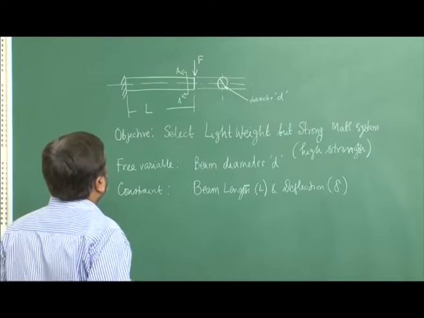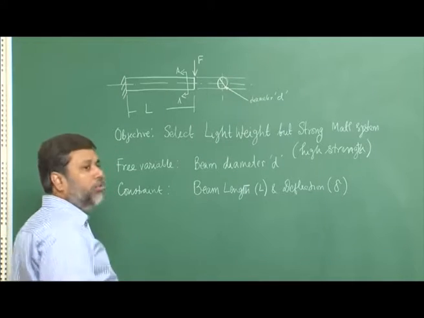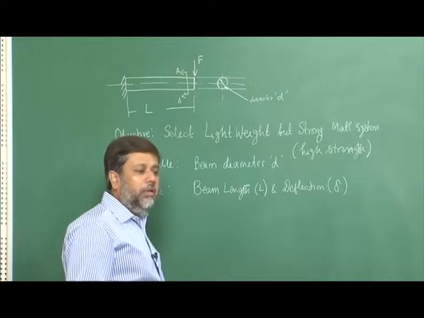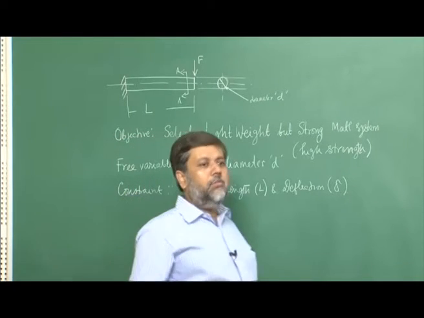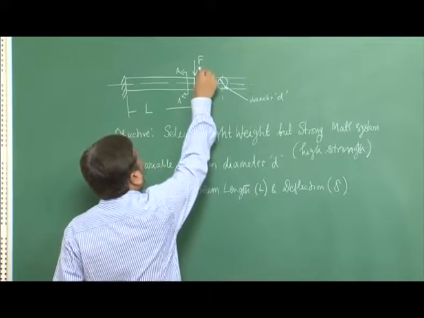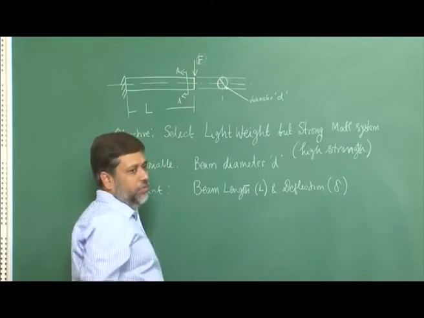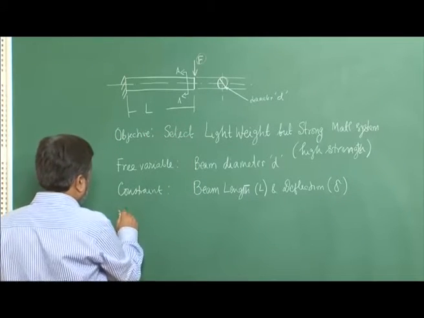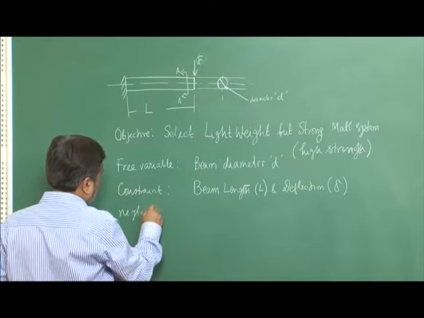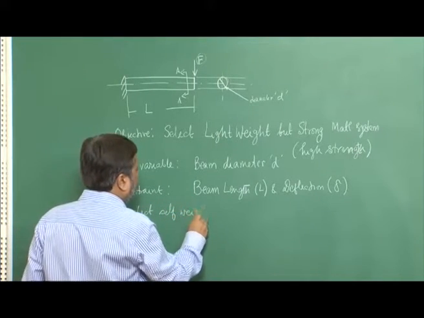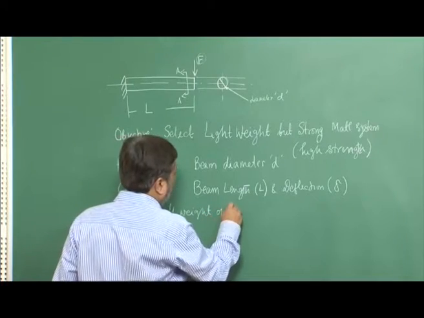Now, in this case the beam should not fail. So I have to find out the maximum stress that can be generated in this beam due to the effect of this force F. For simple engineering analysis, let us neglect the self weight of the beam.